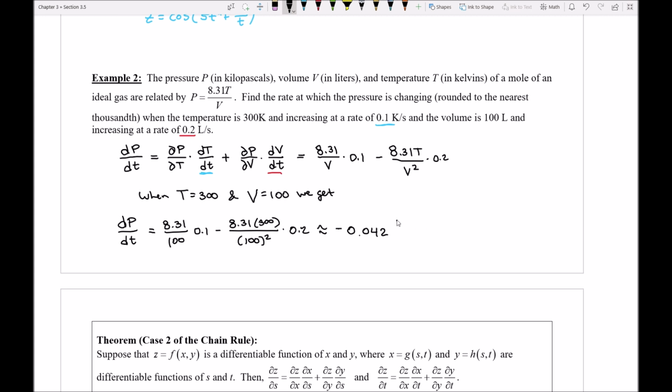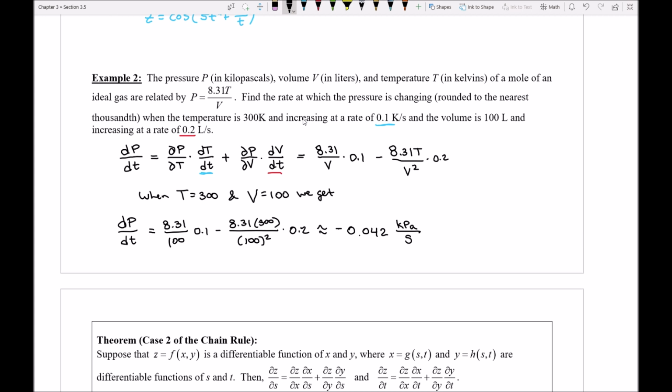Now, my units of pressure that I'm going to end up here with are kilopascals. Now, if you're not aware of that, that's totally fine. Notice that it was written here that that's what pressure is being measured in, and this is the way I would abbreviate that. And then, since this is over the course of time, I'm going to have this over seconds, since seconds is the units that's being used within the question.